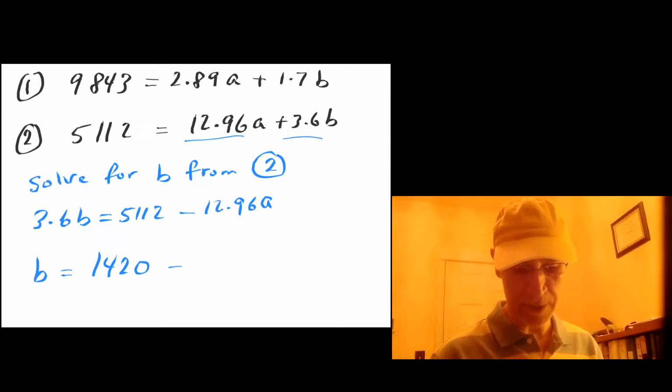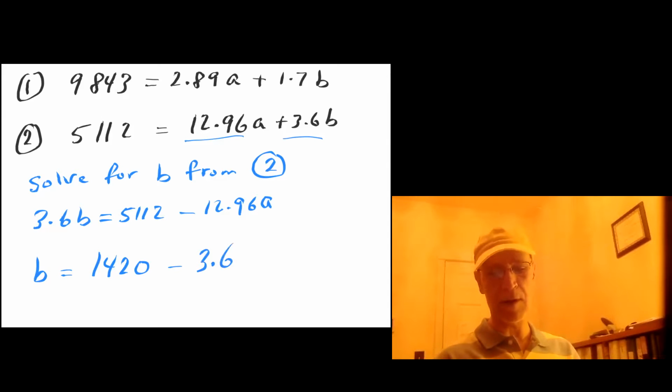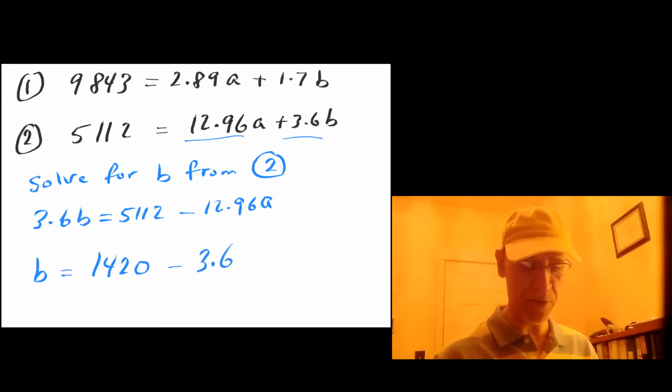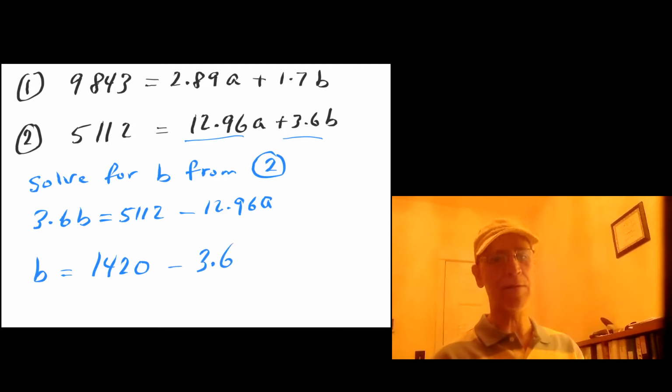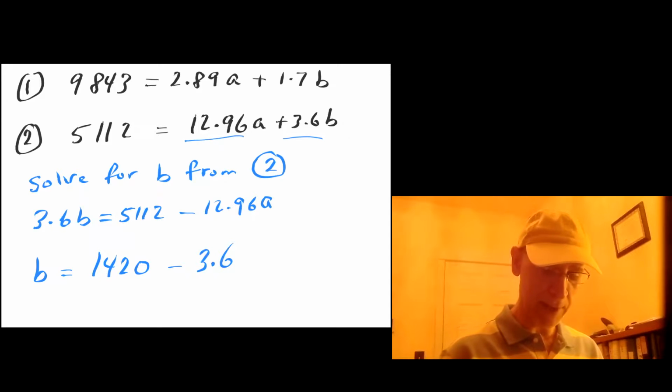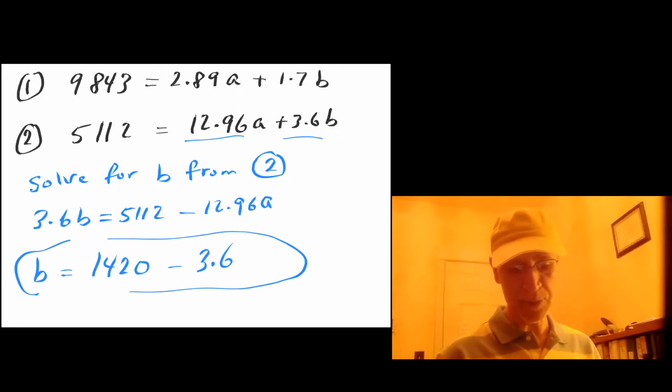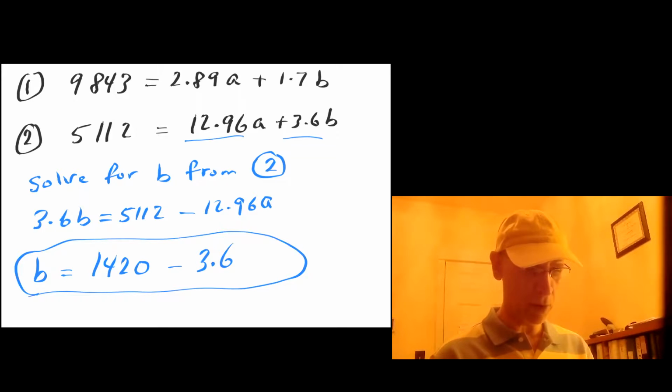I'm glad I'm using the calculator because I thought it would give me 3. Anyways, so b equals 1420 minus 3.6a, and I have a in here.